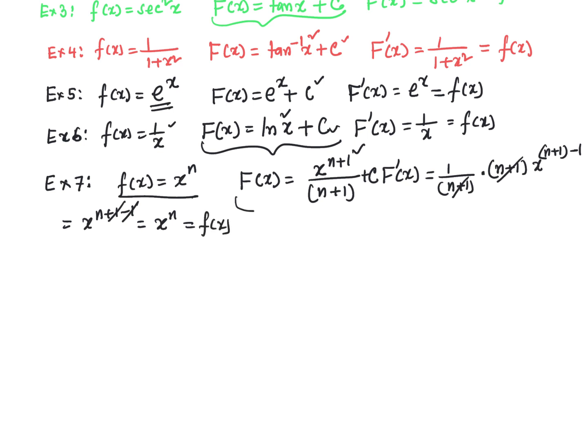So this is an antiderivative of x to the power n. So the antiderivative of x to the power n is x to the power n plus 1 divided by n plus 1, plus some arbitrary constant.